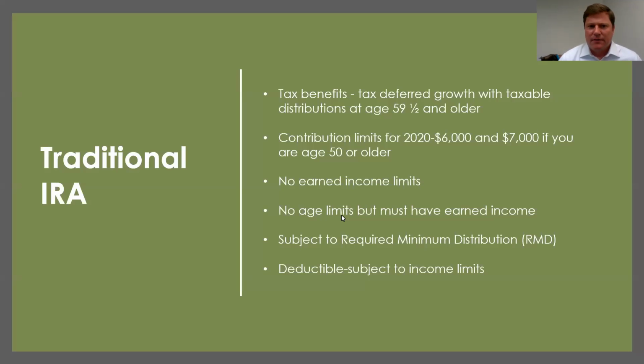So if you're bumping up against the income limits to contribute to a brand new Roth IRA, you can use the backdoor strategy through the traditional IRA, no income limits. If you're talking about conversions of existing IRAs, then there is no income limit and no limit to the amount you can convert. It's just the taxes that are due on that amount.